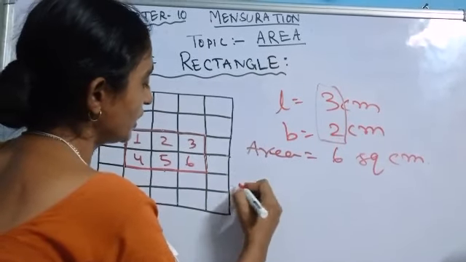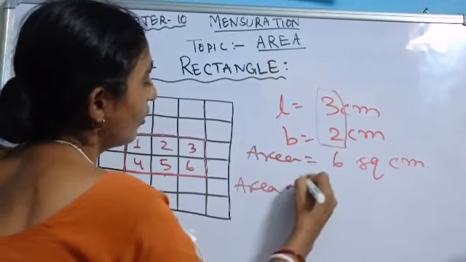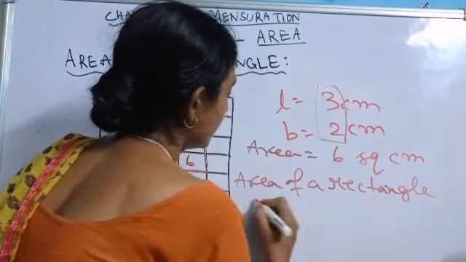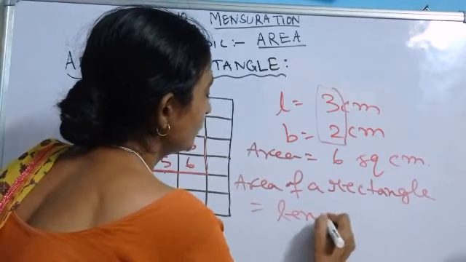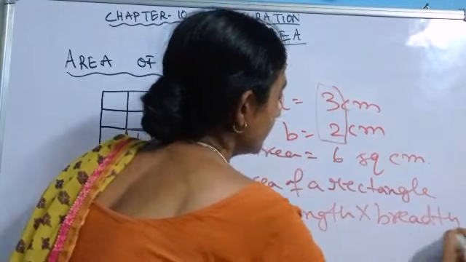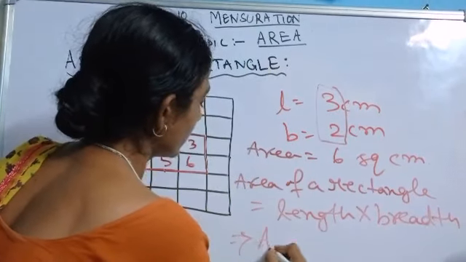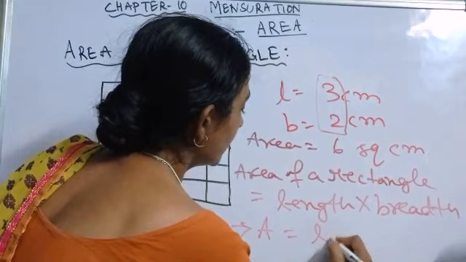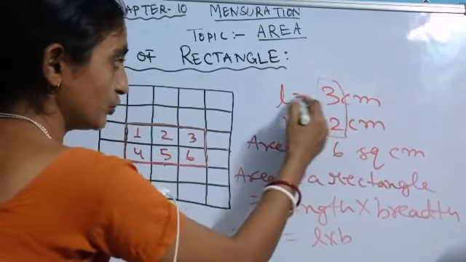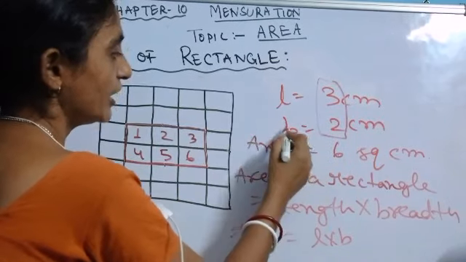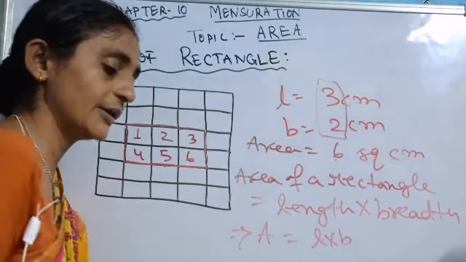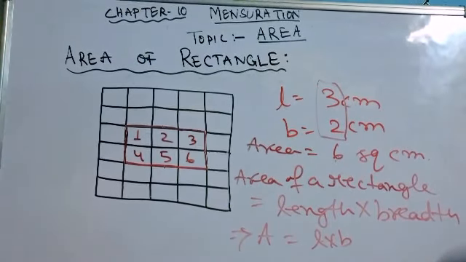So in short we can write area of a rectangle is equal to length into breadth, or in short we can write A equal to L into B. Here you can see that when I put 3 in place of L and 2 in place of B and multiply them, I get this area. Okay, so what will happen in the case of a square?